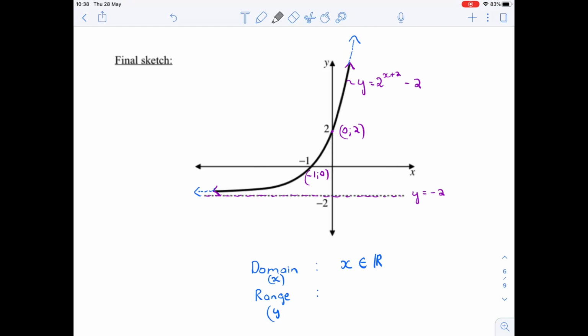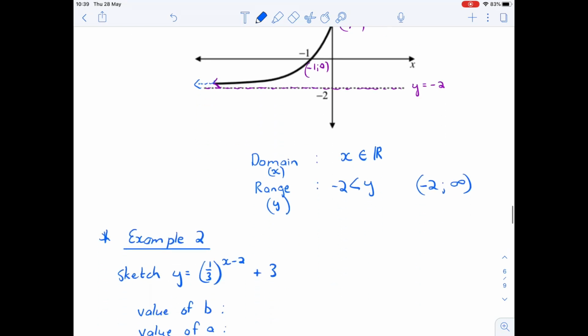So y is anything bigger than -2, can't be equal to -2 because that -2 is an asymptote. Some of you might prefer to write it differently. So it's from -2, that's the lower limit, up to positive infinity with round brackets because it excludes -2. Okay, so that's a domain and range.